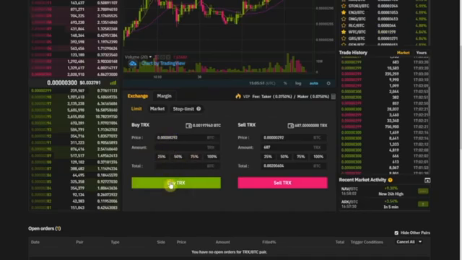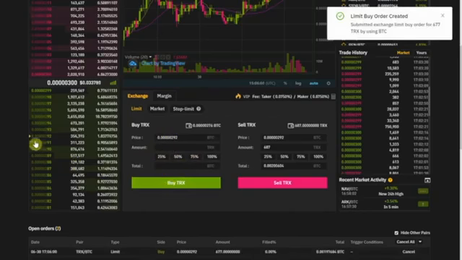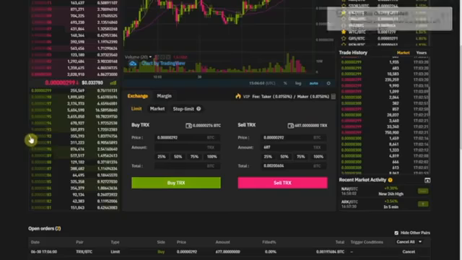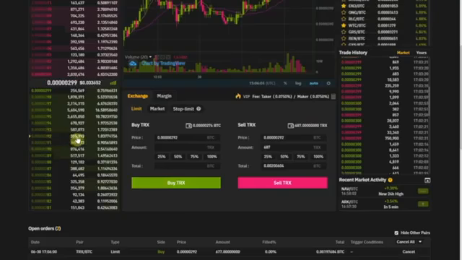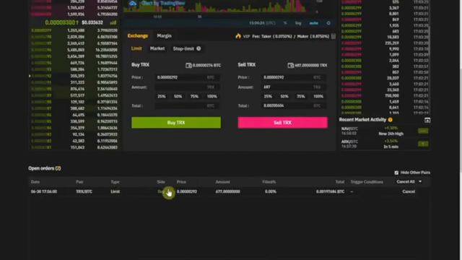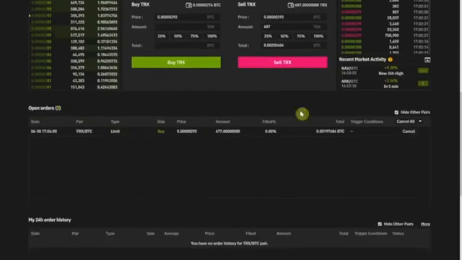Just click buy. So now you see your order, you have this indicator here. Your order is inside these 355k TRX tokens. Your order is right here. So you have to wait for all this to clear until your order gets filled. And you have here your open orders.